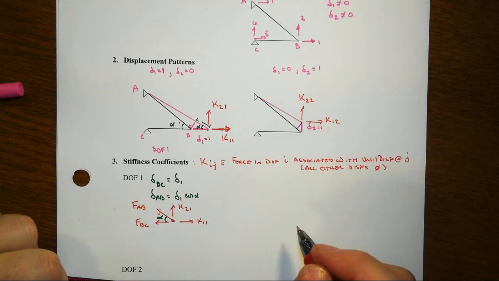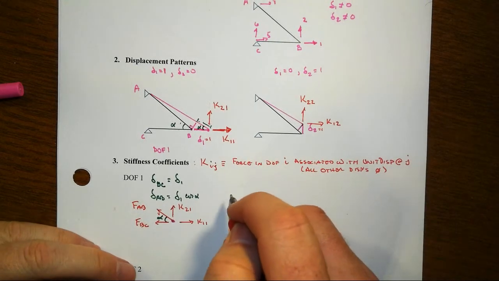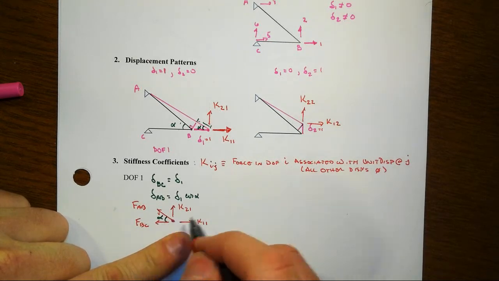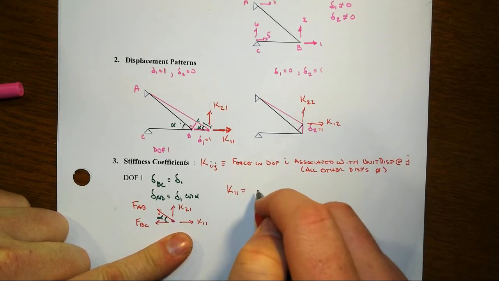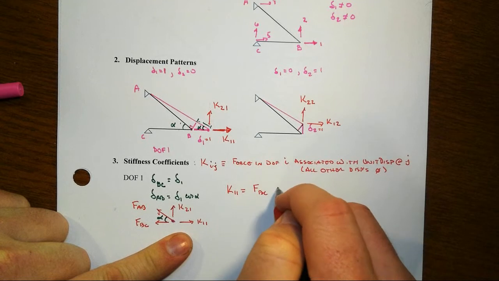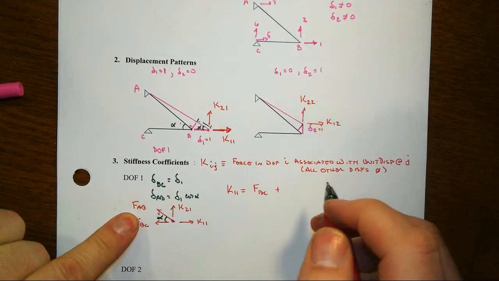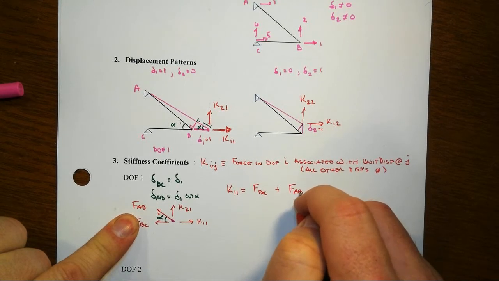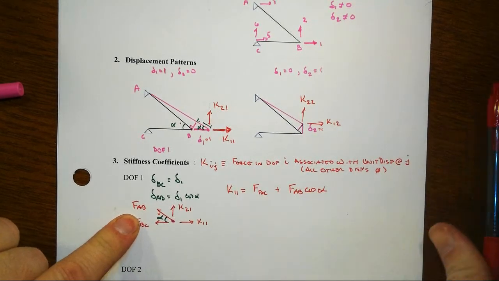Okay, well, it seems like a lot of work, and it is. Right? So K11, by equilibrium here, is going to have to be equal directly to FBC plus the x component of FAB, which will be FAB times cosine alpha.